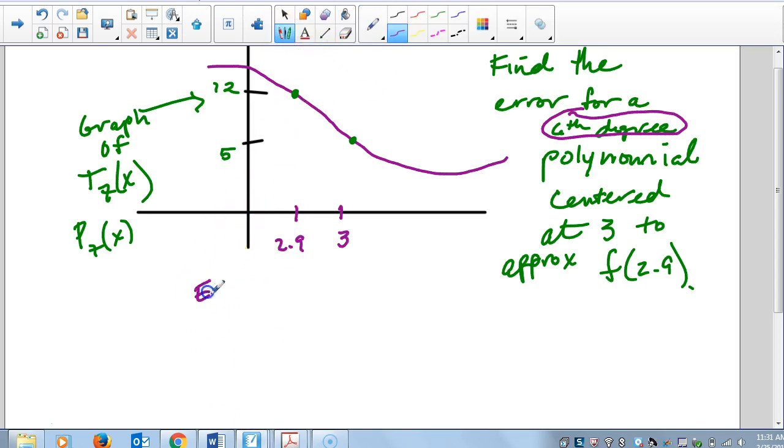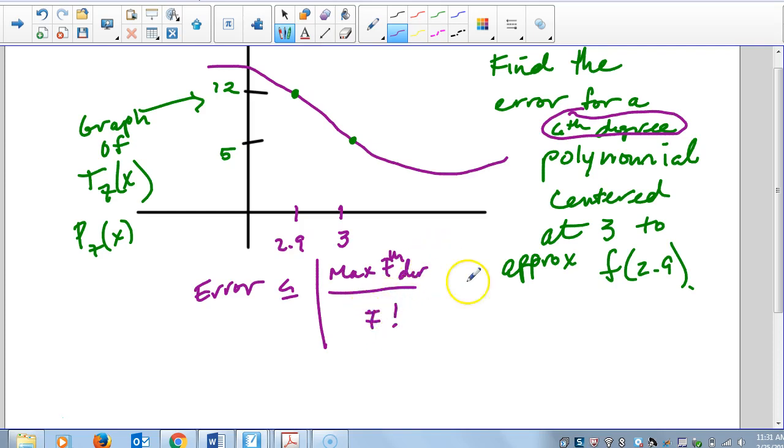So error will be within the max of the next derivative. So this would be max of the 7th derivative. Yeah, maximum of the 7th derivative over, in this case, 7 factorial.